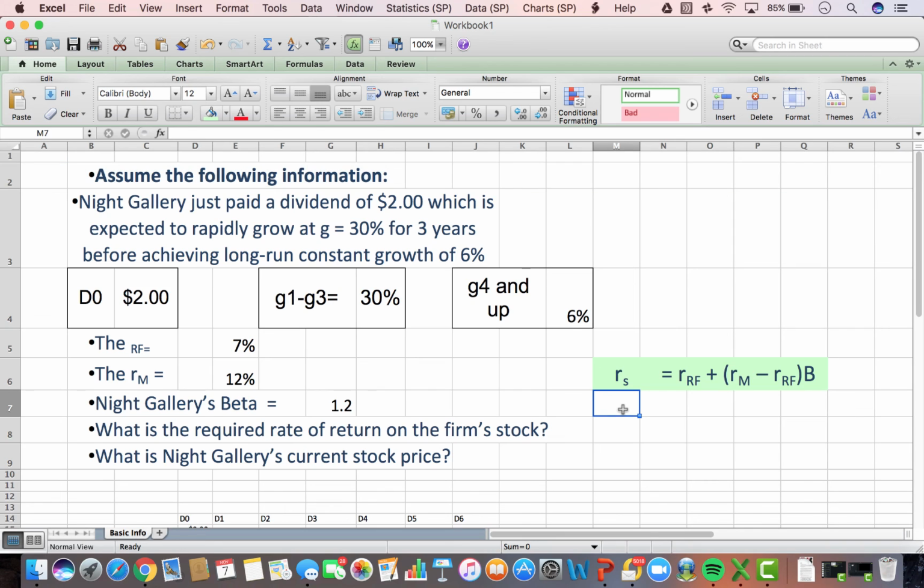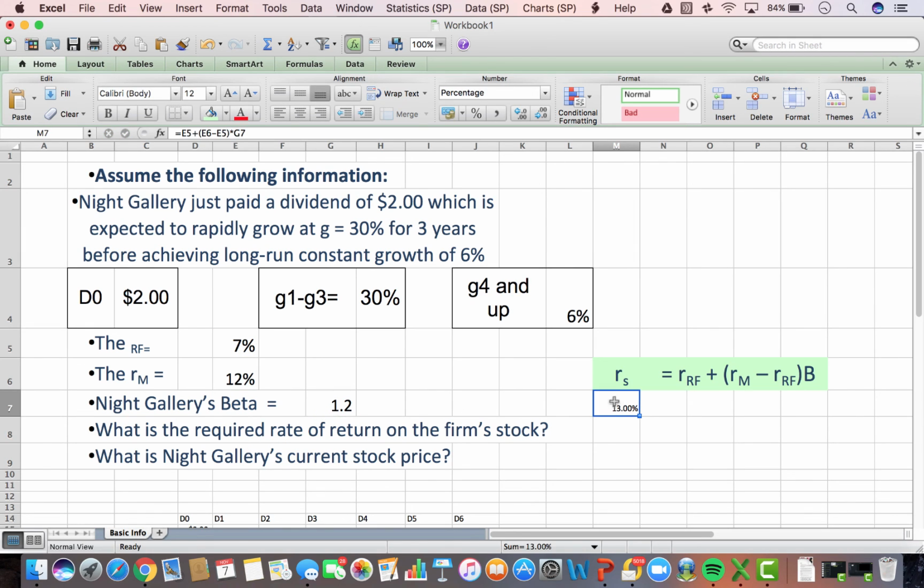So the first thing I want to do is calculate this rate, just like the CAPM tells me: the risk-free rate plus the return on the market minus the risk-free rate, multiplied by the beta.